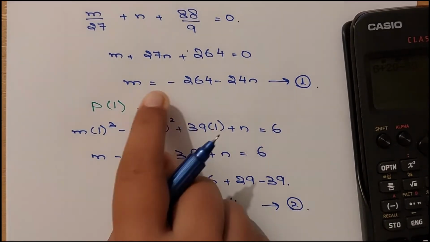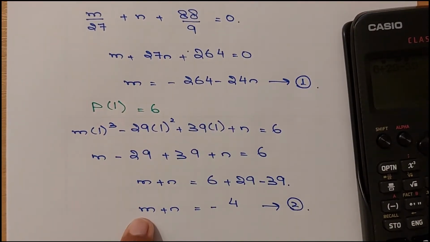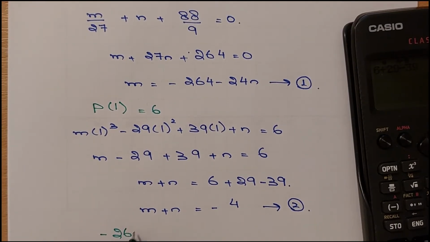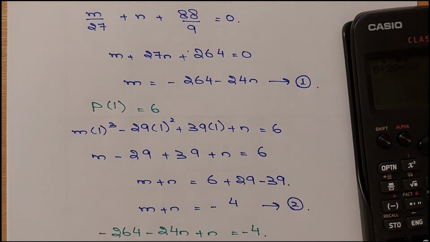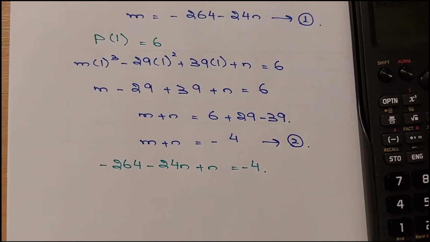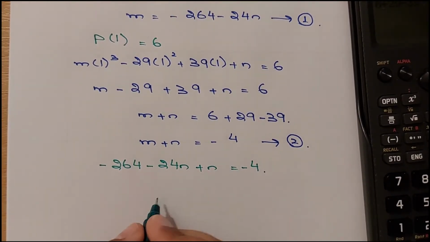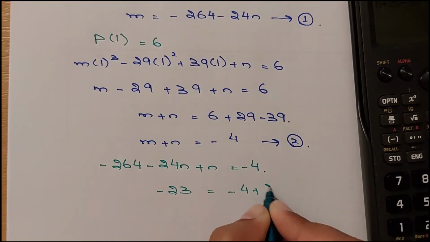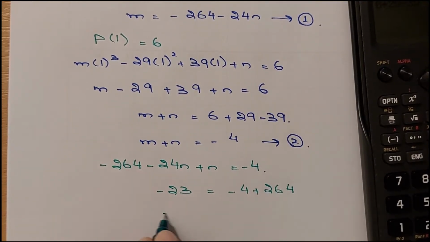As you can see, from the first equation we got the value for m. Just substitute that m value into the second equation: minus 264 minus 27n plus n equals minus 4, right? So the coefficient of n is minus 27 plus 1, that is minus 26. And here we have minus 4 plus 264, right? So minus 26n equals 260.